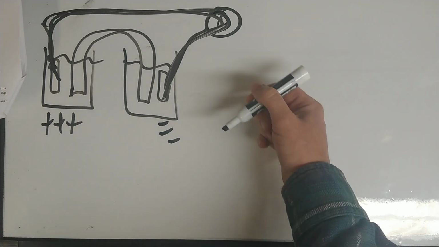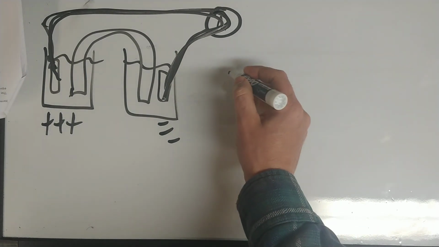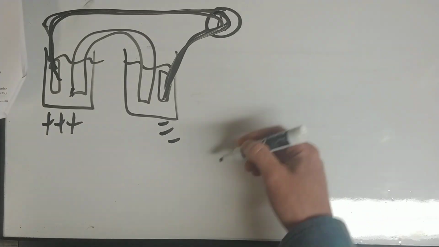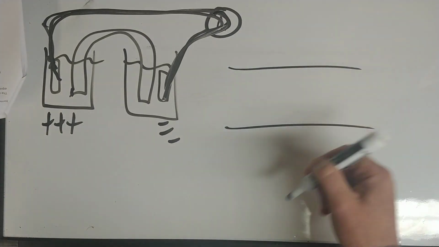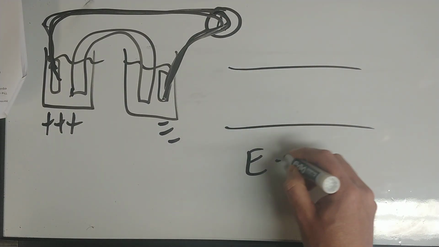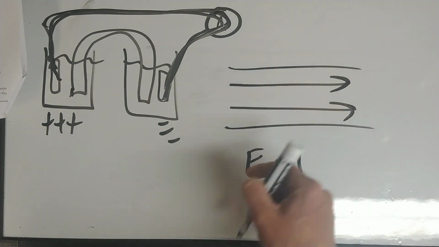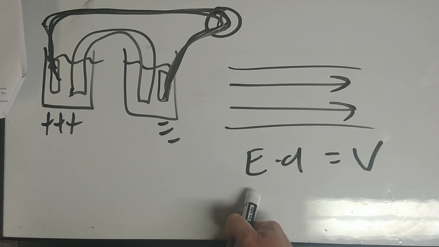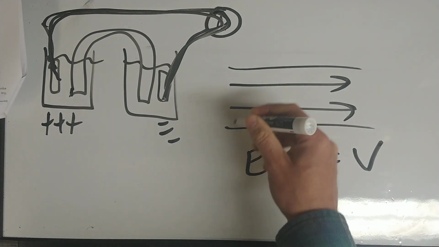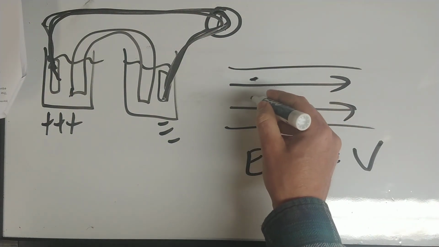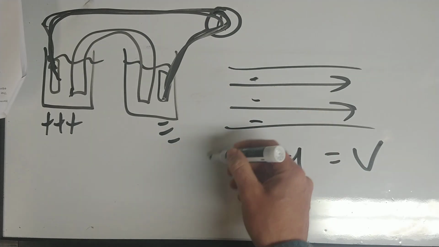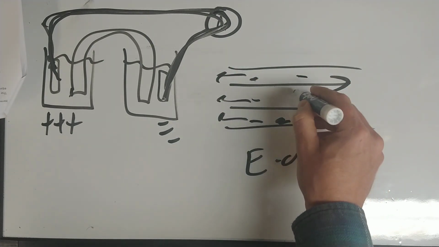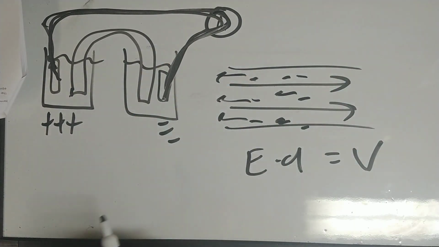When we get a potential difference, meaning this whole work done idea, when there's an E times a D, an electric field times a distance, that's our potential difference. When we have a potential difference, we can move charge around. If we put electrons in here, just like the parallel plate, they're going to start swimming upstream, just like trout or something.